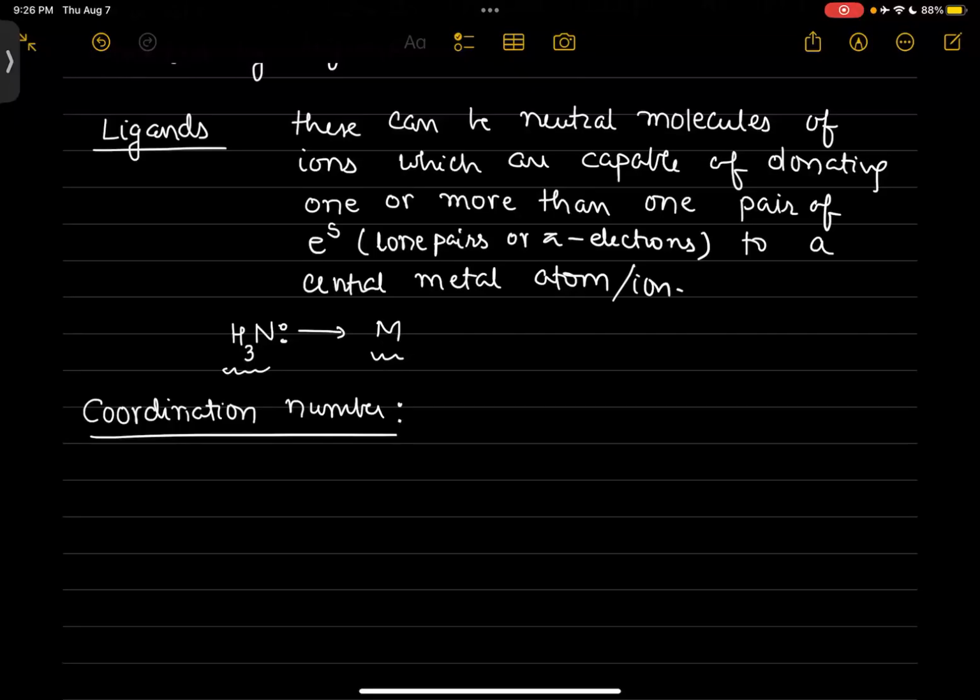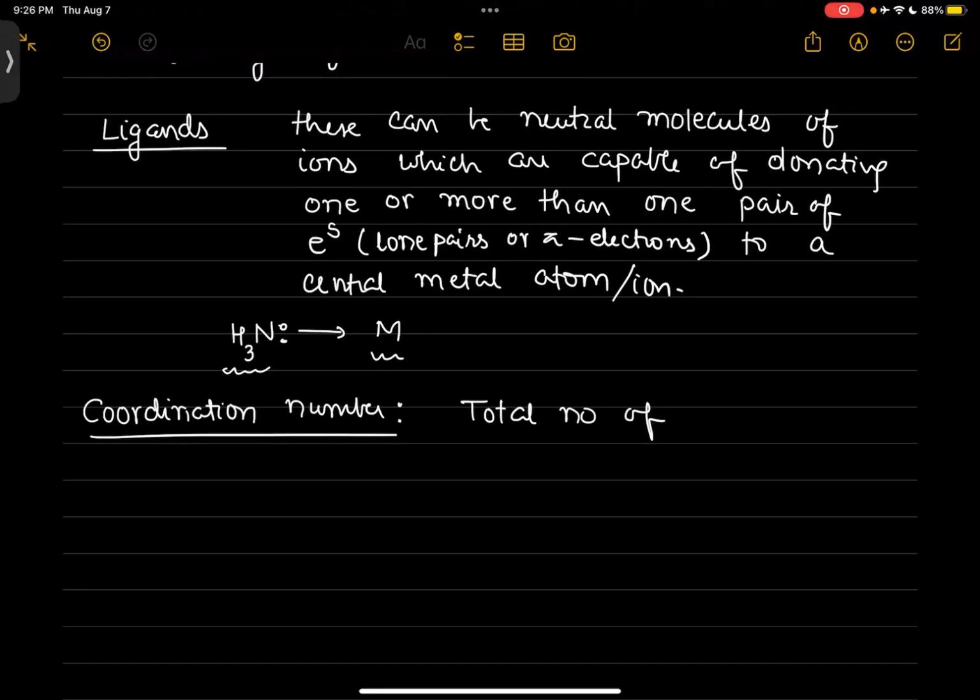So the coordination number is the total number of coordinate bonds between the metal and its ligands. Very simple.